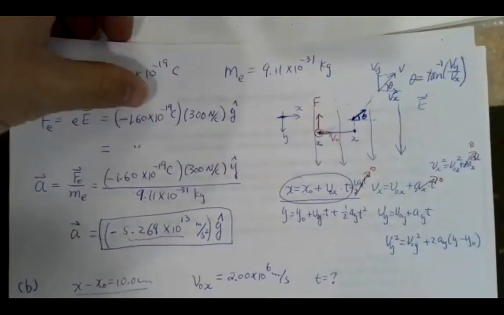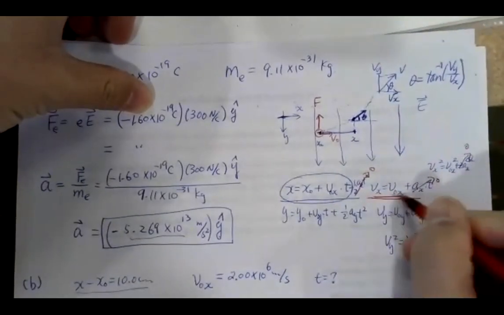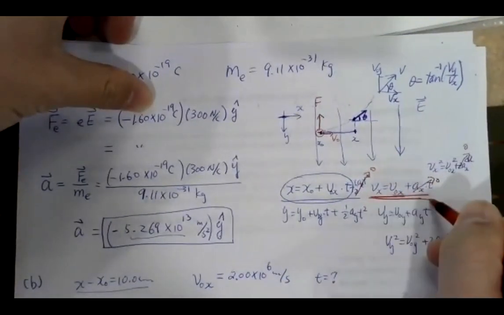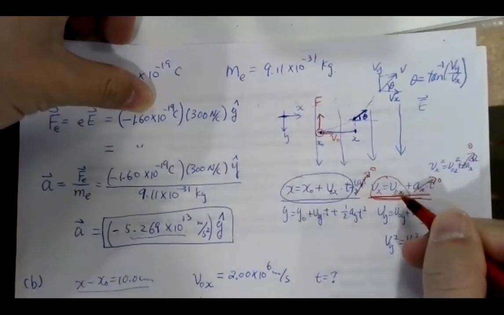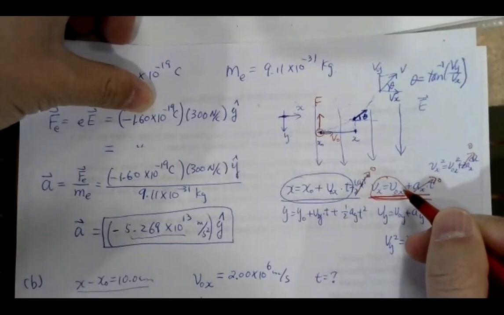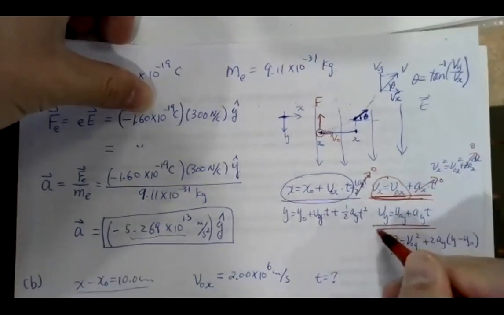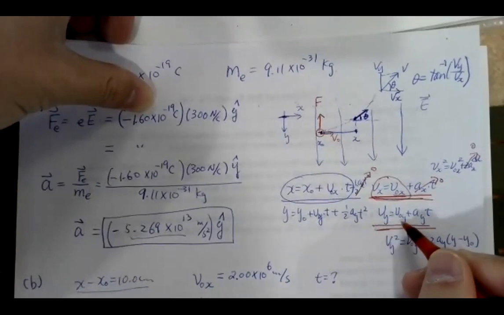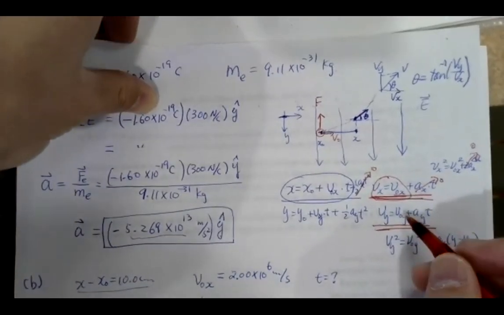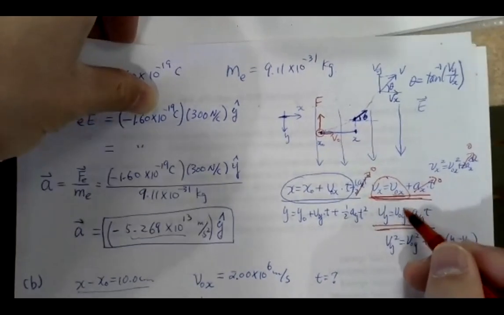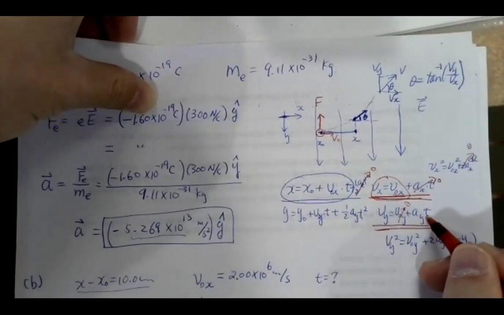For velocity in the x direction, it will be constant because in the x direction there's no acceleration. So this will be equal to the original 2 times 10 to the 6 meters per second. For velocity in the y direction, we have to figure it out this way. Initial Vy should be 0 because the initial velocity only has the horizontal component. Now you just need to do ay times t.